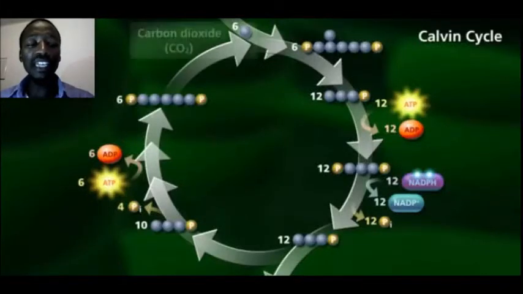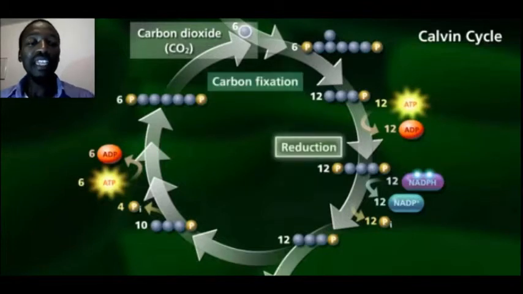Now in the Calvin cycle, we're basically dealing with the taking up of carbon dioxide. The process in which we take up carbon dioxide is called carbon fixation. The second process, where there is a reduction of carbon dioxide, we call the reduction phase.